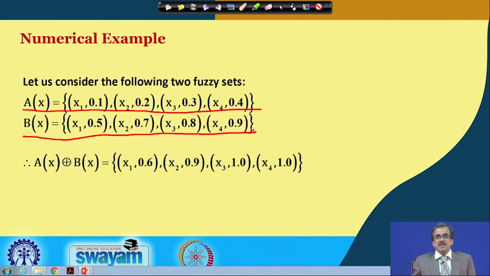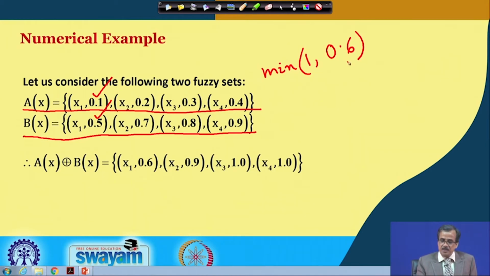You will have to find out the minimum between 1 and the sum of this mu value and that mu value. So, 0.1 plus 0.5 is 0.6, and the minimum is 0.6. So, corresponding to x1, I will write down 0.6.